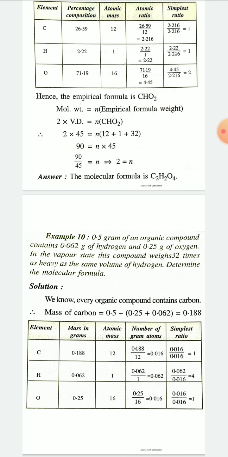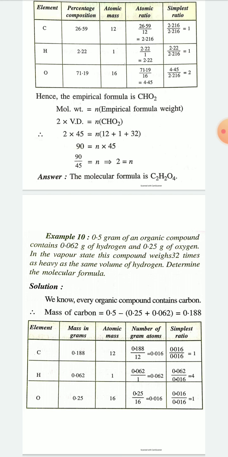In this compound it is told that in the vapor state, this compound weighs 32 times as heavy as the same volume of hydrogen, and this 32 is the vapor density of the compound. I have told the definition of vapor density in the previous video: the vapor density is the ratio of the mass of a gas to the mass of the same volume of hydrogen gas.